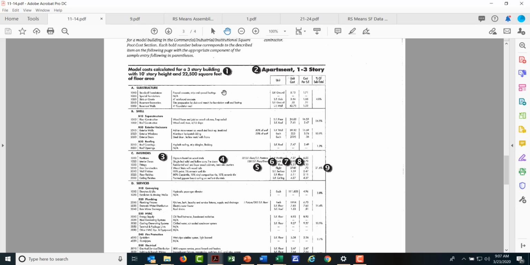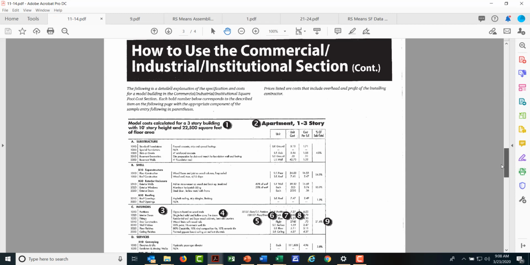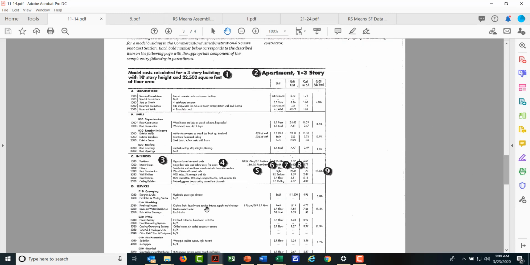So essentially, the cost for all the square footage for that slab on grade, across the building cost of that 22,000, would average roughly $1.71. This one's kind of confusing, so don't necessarily bother with that, because what they're trying to do is get to a cost per square foot down here. They've got to convert that component to a cost per building square foot. That's all that's doing.